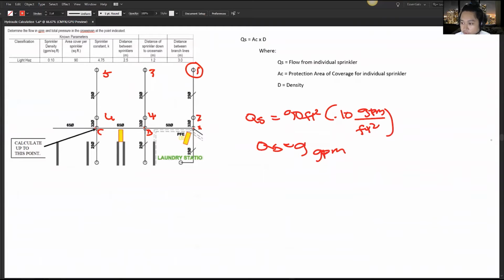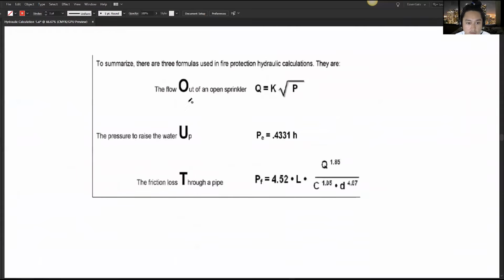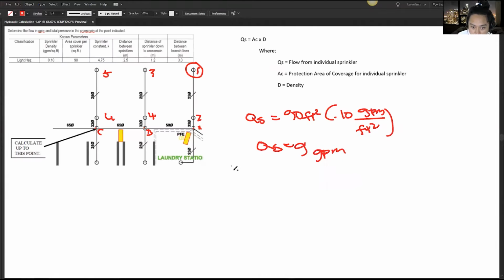Now, if you remember, one of our formulas is the flow out of a sprinkler. We can use this formula to check the gallons per minute, the flow rate, if our pressure is 7 psi. Going back to our solution, we can input that: Q is equal to K times the square root of the pressure.